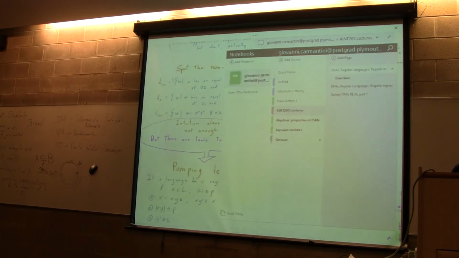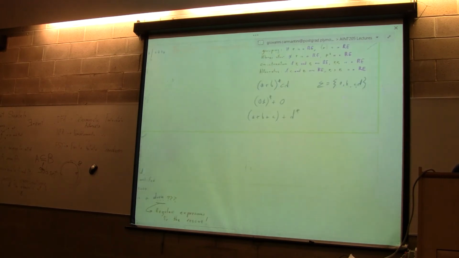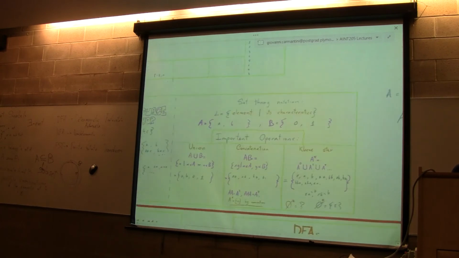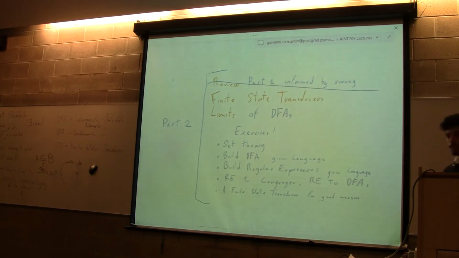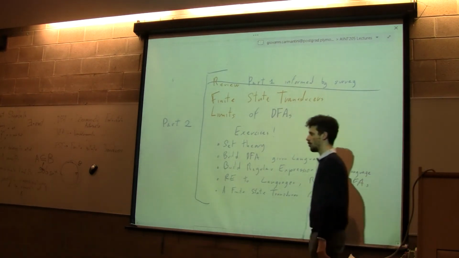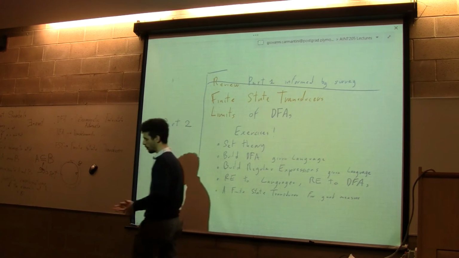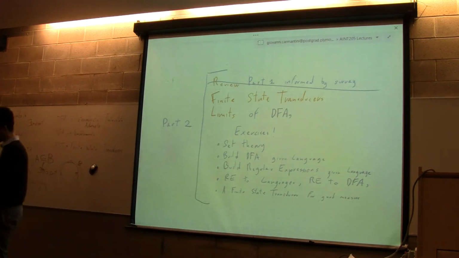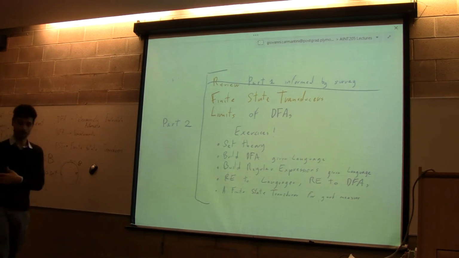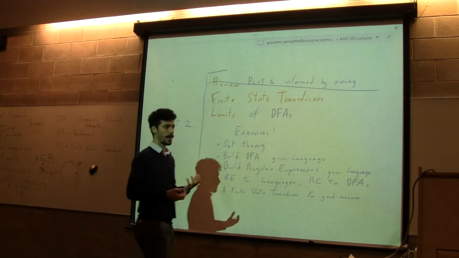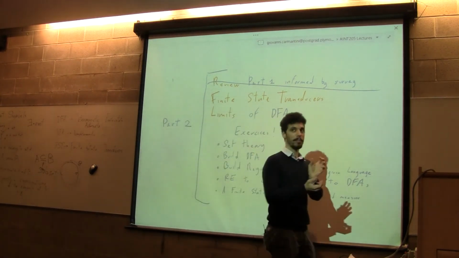So, what we did today: we reviewed, we saw finite state transducers, and I showed you the limits of DFAs, which brings us to our next subject in the next lecture. There are some problems which cannot be solved with DFAs. We need something more, and what we will do is provide our DFA with some memory.